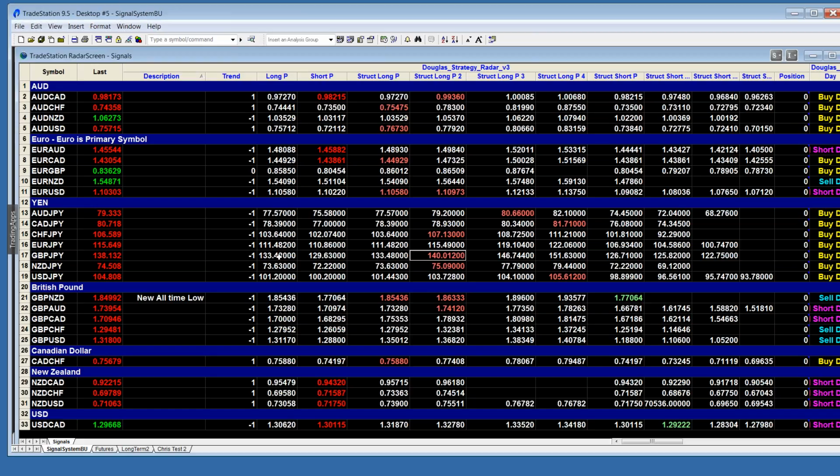So now from 133.50, let's say, to 140.12, that's 650 pips. So between the Aussie New Zealand and the pound yen, you have 1,000 pips. And these are actual trades. These are not hypotheticals.